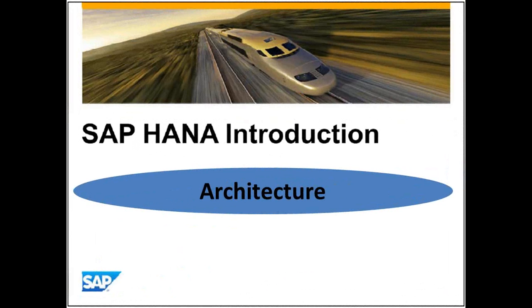Now, today we are going to discuss the very basic part of SAP HANA, that is the architectural part. This architecture part may not help you in real-time work, but when you are learning any technology, it is good to know its architecture. That is the main reason we are covering it.